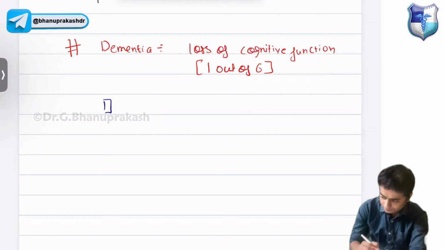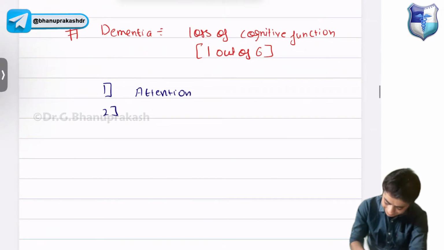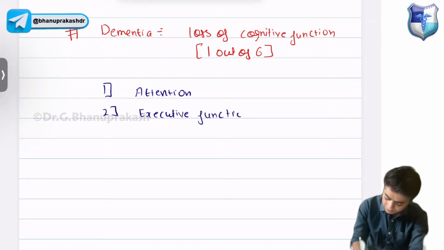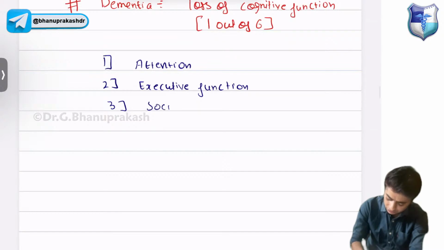First is attention. Very good. Attention. Other is your executive function. Then is your social cognition.